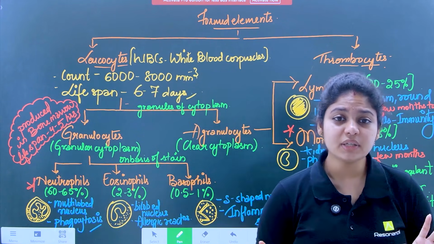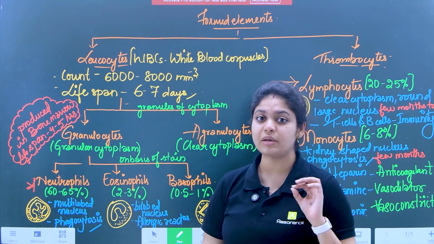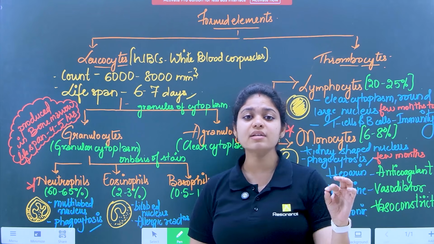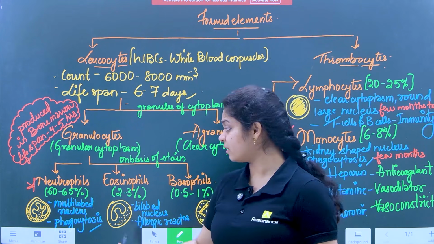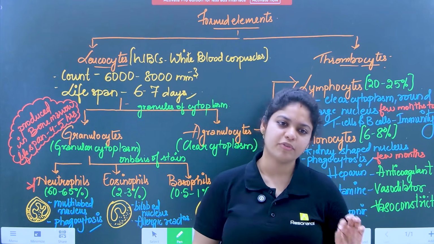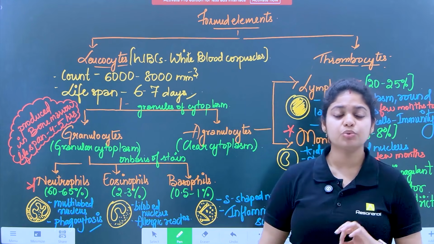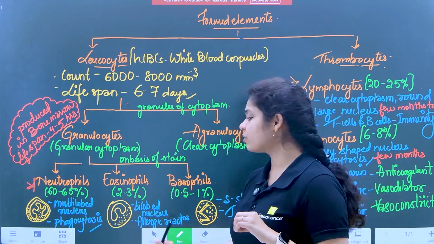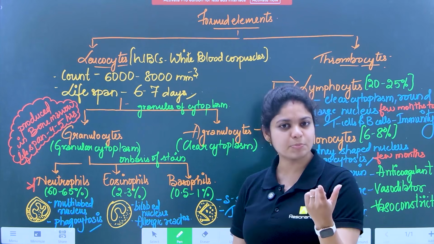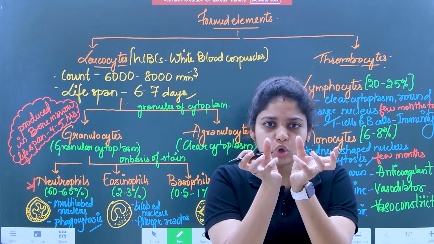If it is not taking any stain, it is called neutrophils, which is 60 to 65 percentage. The nucleus is multi-lobed, many lobes are there in the nucleus, and it is responsible for phagocytosis. Next, eosinophils are only 2 to 3 percentage. It takes up acidic stain. It is responsible for allergic reactions, and it has a two-lobed nucleus.